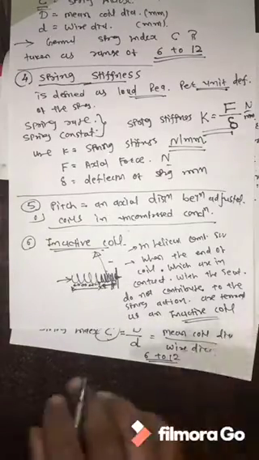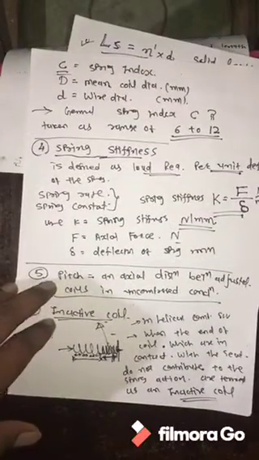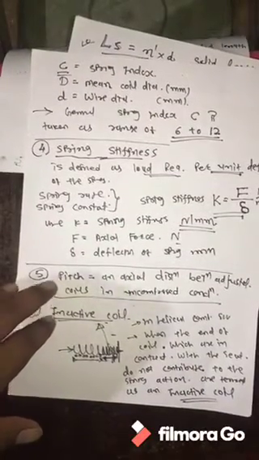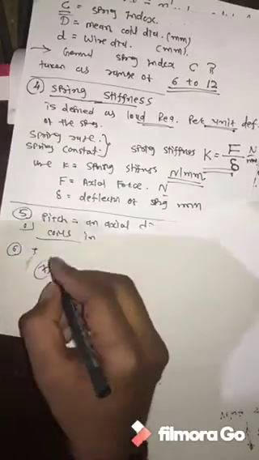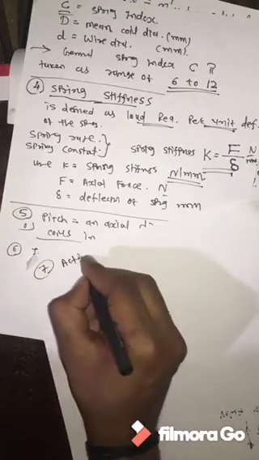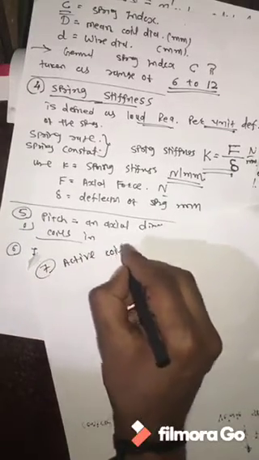Next and last one is active coil, number 7. In a helical spring, same concept.